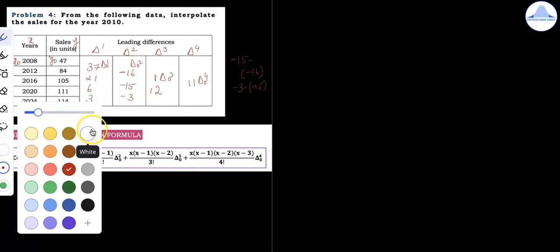So now 37 you mark it as delta naught to the power 1, minus 16 mark it as delta naught square, 1 you mark it as delta naught cube, and 11 you mark it as delta naught to the power 4. So now let us substitute the values in the formula, and most importantly we have to find out what is x.